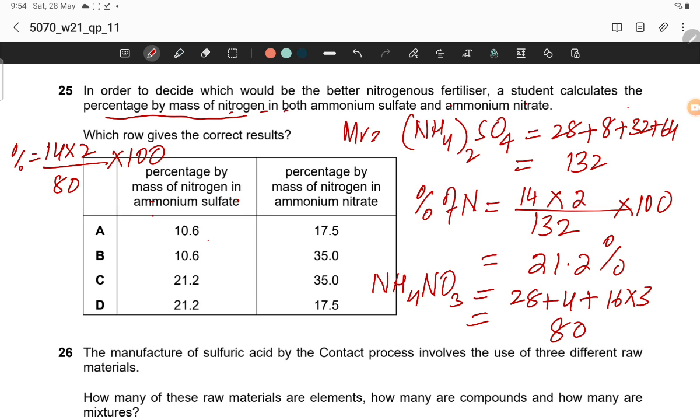This is 28 divided by 80, equal to 35%. So 21.2 is incorrect, and C must be correct.